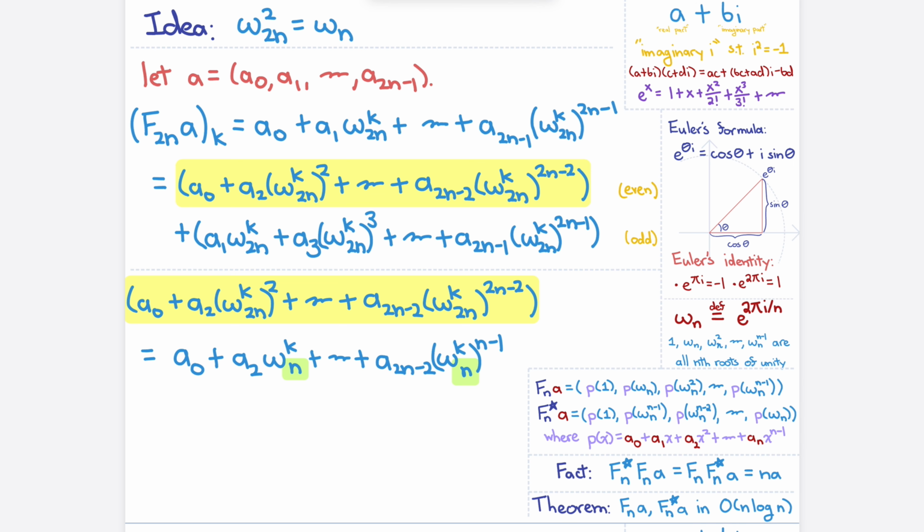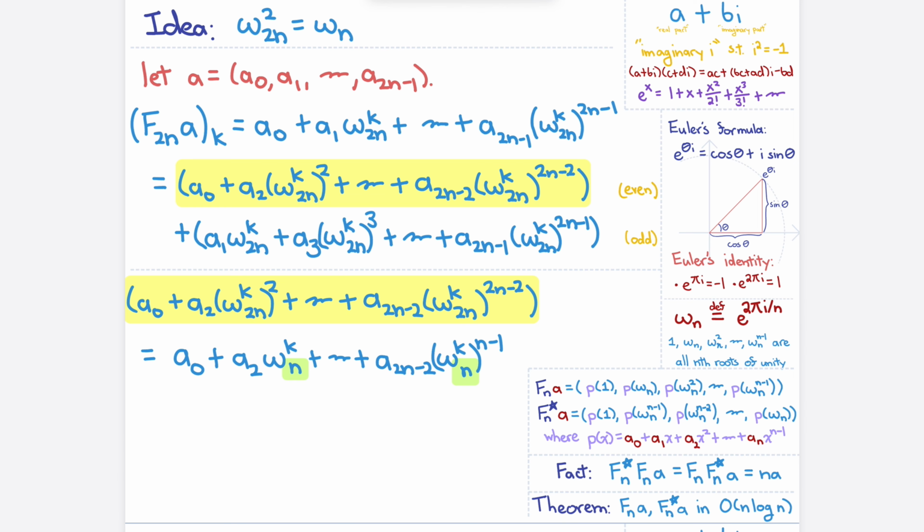Then I square the roots of unity, and now I have 0, 1, 2, 3, 4, 5, 6, but I'm evaluating the nth roots of unity instead of the 2nth roots of unity. Really, 2n means you're dividing the circle into 2n pieces, so it's kind of like a smaller piece of the pie. So in that sense, I can take our 2n degree problem and turn it into a degree n problem.